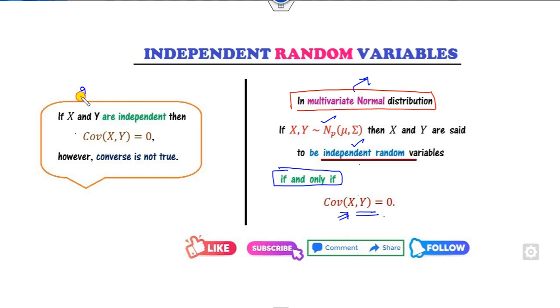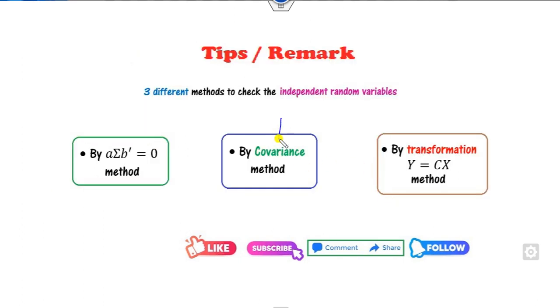However, for a general two-dimension random variable, the converse is not true. So once you prove that the covariance of x and y is 0, that means x and y are independent. That is the brief overview of my second method.